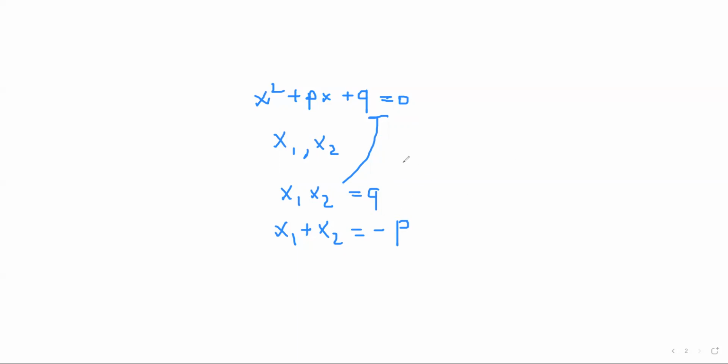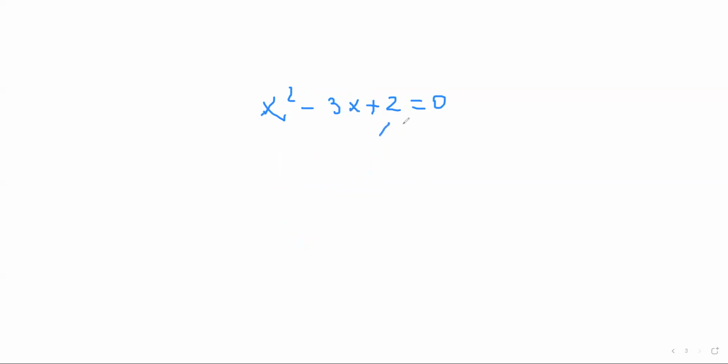So let's do some examples here, trying to understand Vieta's theorem. x squared minus 3x plus 2 equals 0. Without applying the discriminant or solution formula, we can solve it. We are looking for two roots whose product will give us 2.